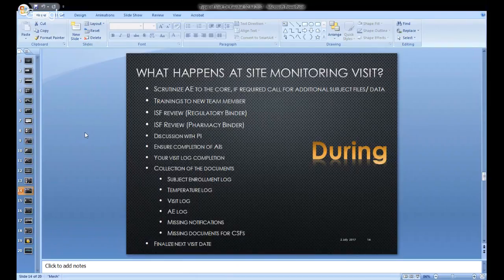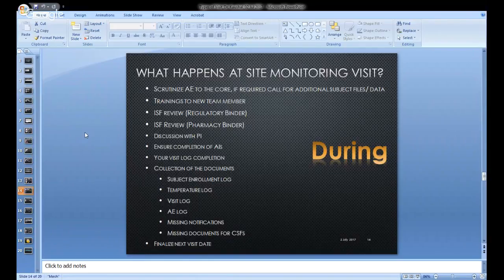Collection of the documents. Very, very, very important because your ISF and your CSF are almost the replica. So ensure that you carry the documents that are required for CSF filing.